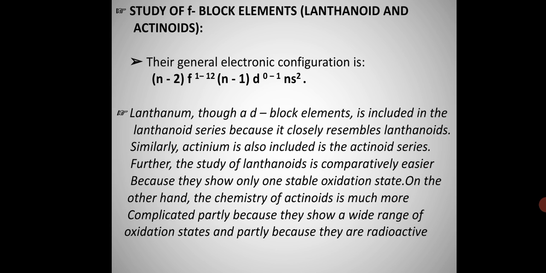Gd is gadolinium, and Eu is europium. Europium is nearly colorless, whereas Gd3+, that is gadolinium, and cerium and lanthanum are colorless. Otherwise all are colored ions, we can say that.